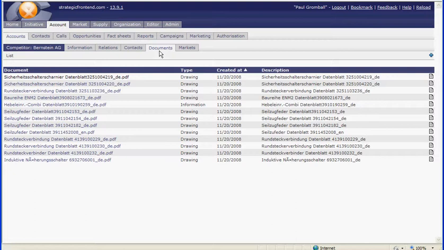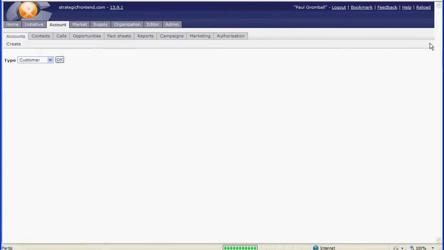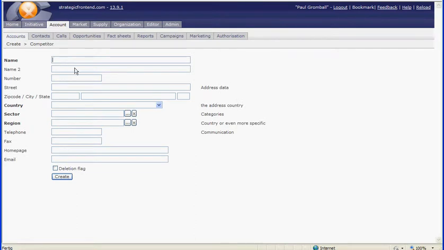So the question is now, if there's a new competitor, how to do it. It's easy. You take account. This you have to know: account, then you have to create. Then you see on the type of account, competitor is also an account. And if you click OK, then you can input a new competitor.